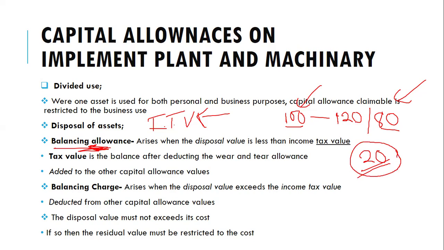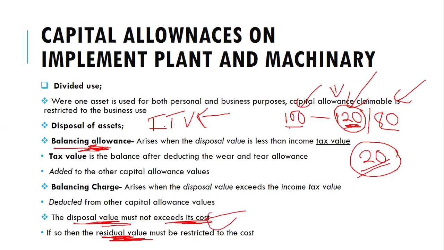And then in a situation where the disposal proceeds exceed the income tax value, we're going to have what's called a balancing charge. This balancing charge is deducted from the rest of the capital allowances that we calculate, right? So the balancing charge is where the disposal proceeds exceed the income tax value. And the point that we also need to remember is the residual value, or rather the disposal proceeds, should not exceed the cost.